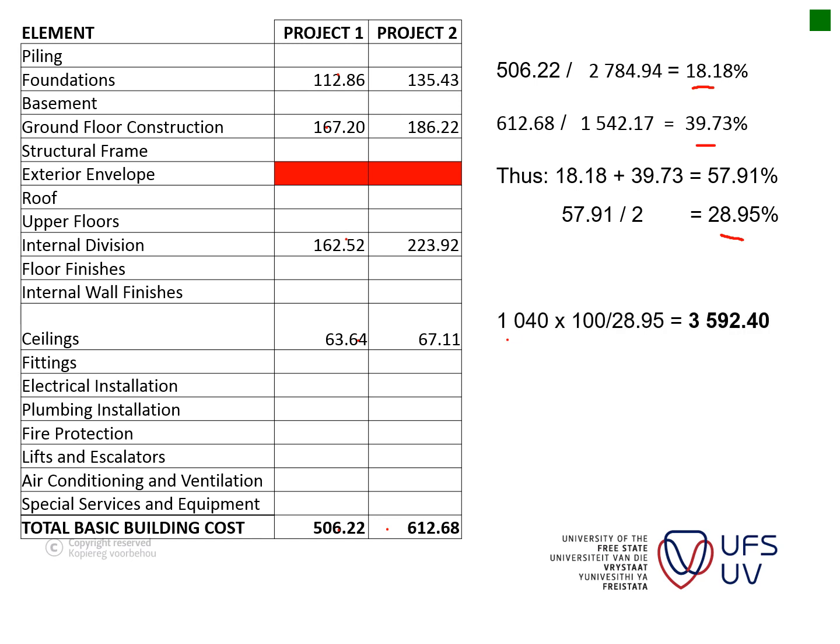Then you take your previous slide's total, you calculate what it would be if it was 100, and you calculate a parametric rate per square meter of 3,500 to be used. Yeah, and so that is in short how the parametric system works.